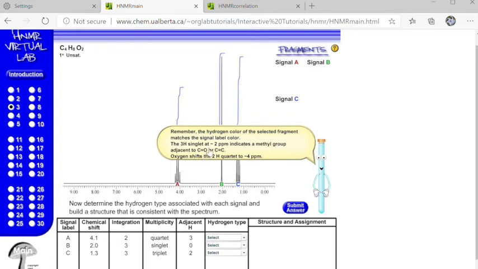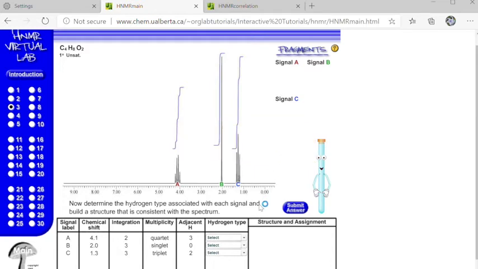So 3 hydrogen singlet at 2 ppm indicates a methyl group adjacent to a C double bond O or a carbon-carbon double bond. And then the oxygen shifts the 2 hydrogen quartet to 4 ppm. So this means that this A is going to be near an oxygen.